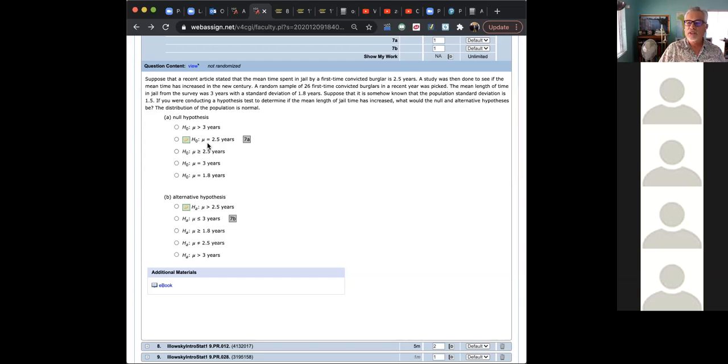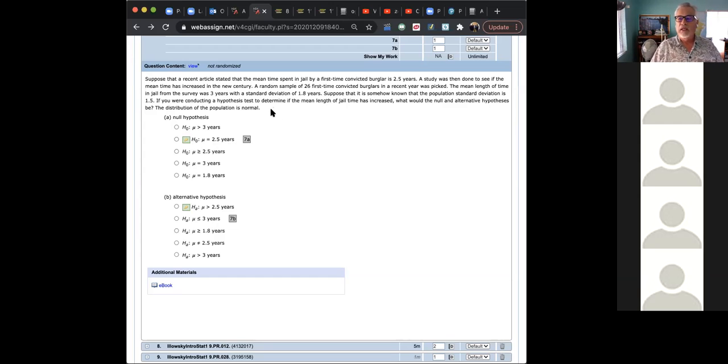Okay, so if we were to test this hypothesis, it would simply be that it's 2.5 based on a known or assumed value, and the article claims that it was 2.5. So our null hypothesis is that mu is 2.5.